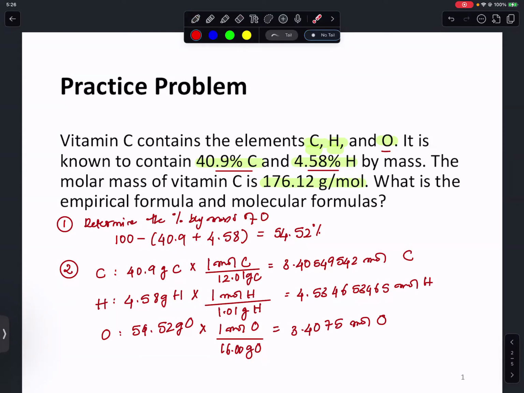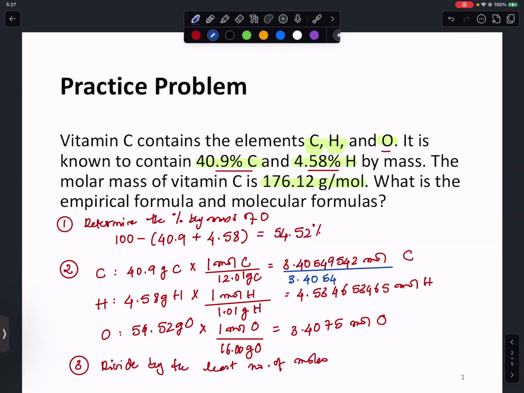Now we note right here that we have determined the moles, and we need to figure out the ratio between the carbon, hydrogen, and oxygen in vitamin C. So the third step becomes me dividing by the least number of moles, and the least number of moles here happen to be the moles of carbon. So I will divide all the moles of the elements by the 3.40549542.